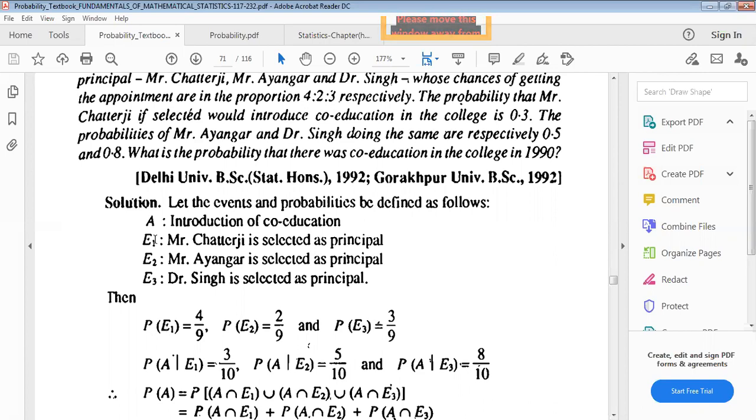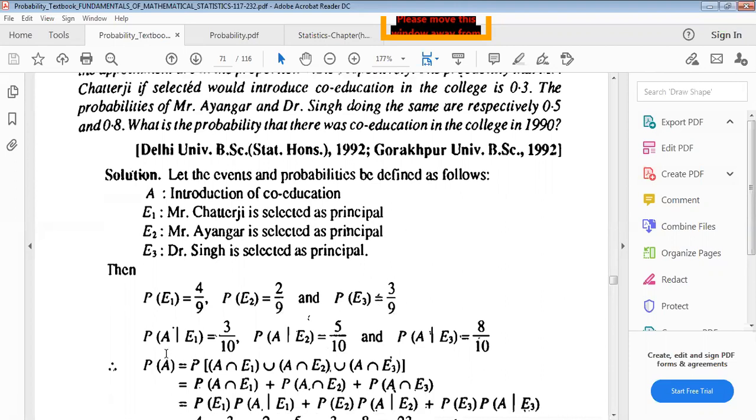For E1 it is 4 by 9, since the proportion is 4 and we divide by the total proportion. Probability of E2 is 2 by 9. Now the third one, the proportion is 3, and the total is 4 plus 2 plus 3, divided by 9. Favorable space divided by total space. This is the probability.